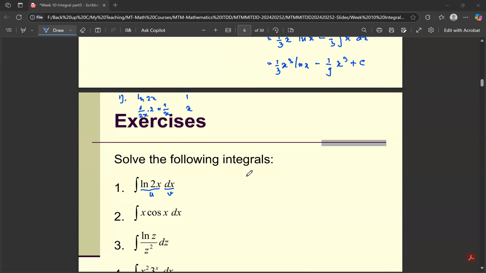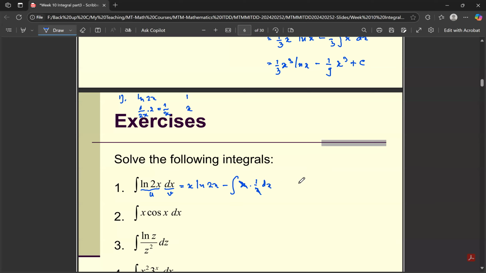So the solution for number 1 is u times v. So we have x ln 2x minus the integral of v du, which is x times 1 over x dx.